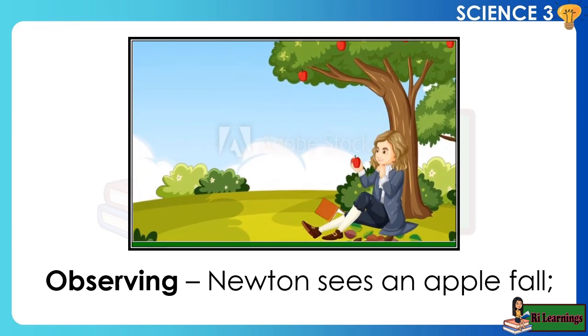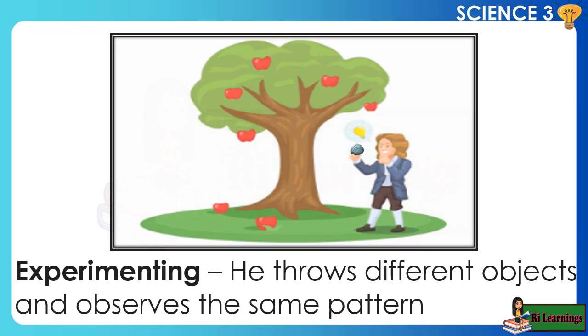Observing. Newton sees an apple fall. Experimenting. He throws different objects and observes the same pattern.